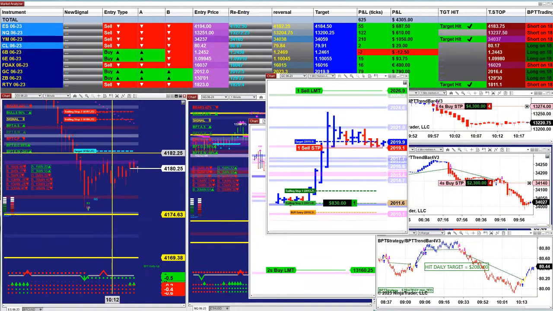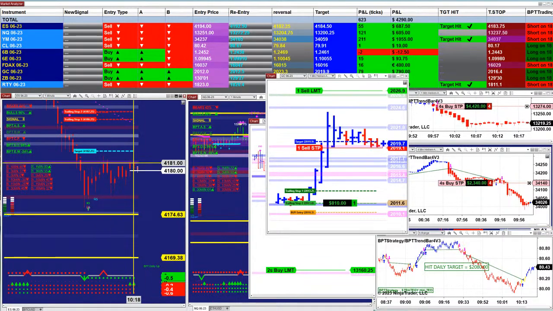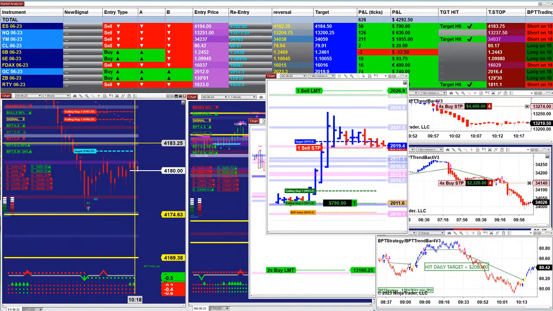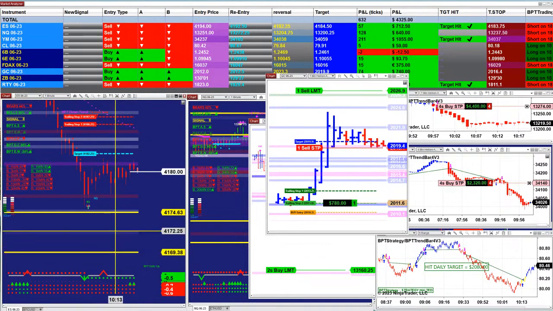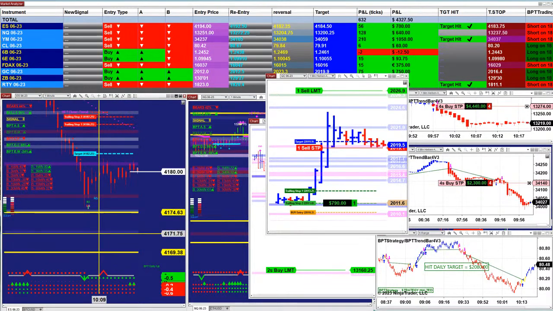So we are still going to the downside. There is one re-entry here and one re-entry here short, and we are still headed to this destination, 41.72, as your morning target. Nothing has changed, and we are focused on the target, and once we hit the target, we are out of it, and that is it.